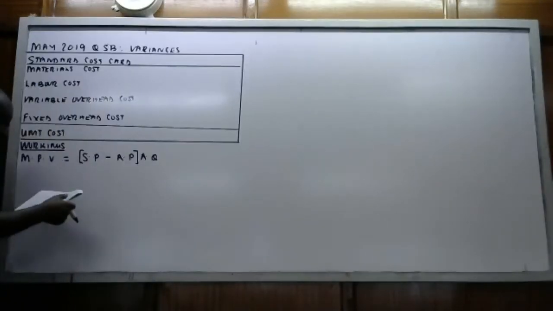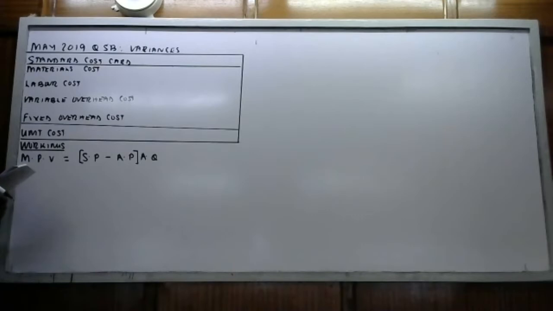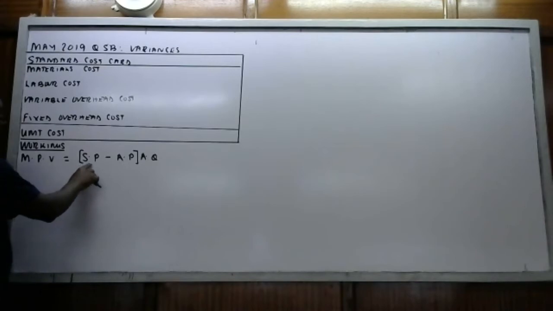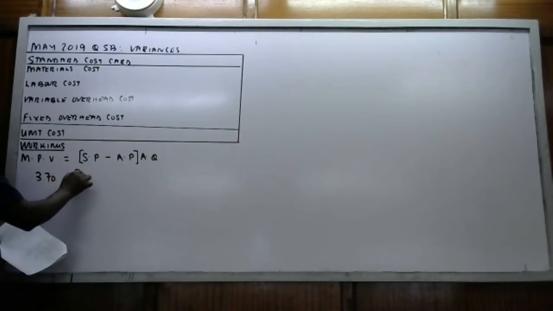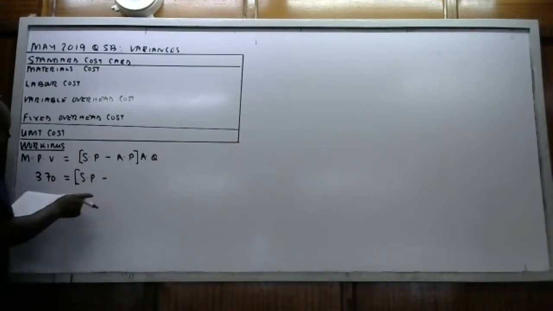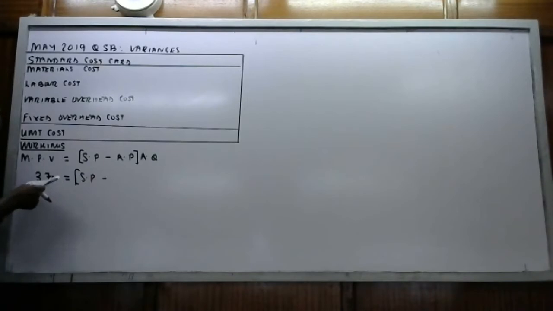So we are told that the material price variance is 370. If it is favorable, it means the standard price was greater than the actual price, so the answer is positive. So 370 is equal to standard price, that we do not know, minus the actual price.